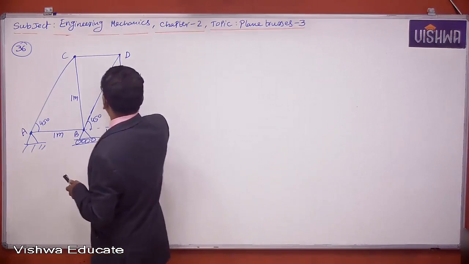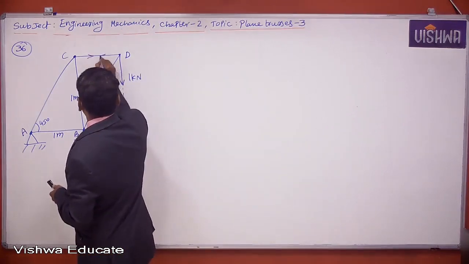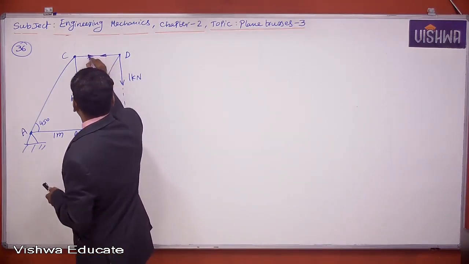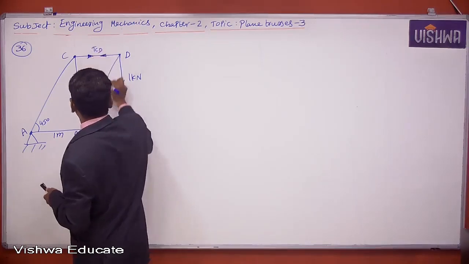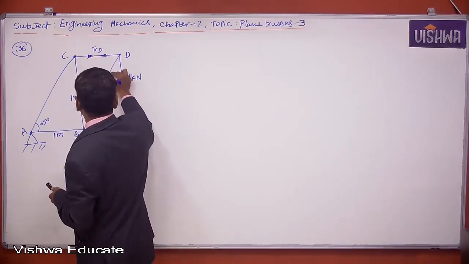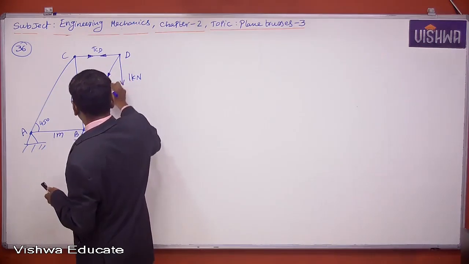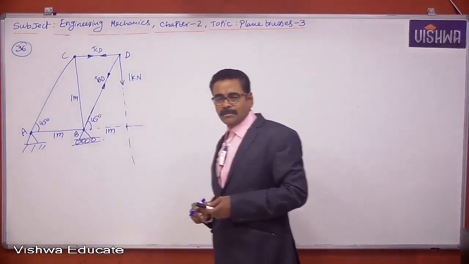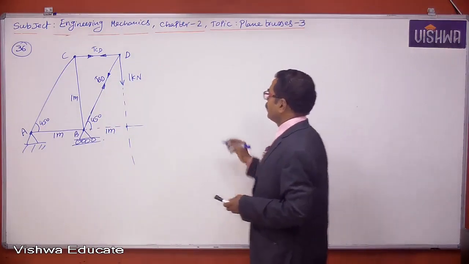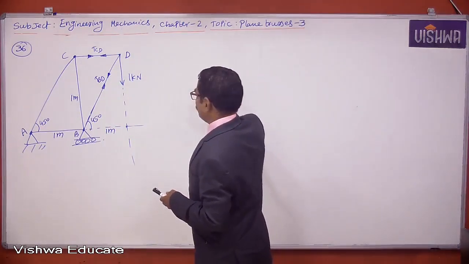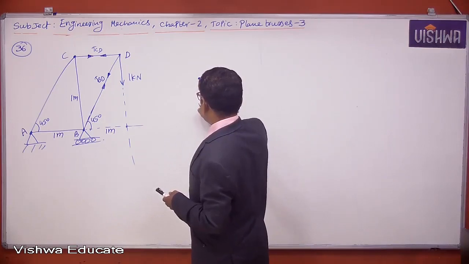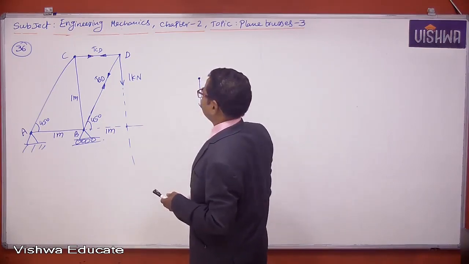I assume this member carries tensile force. I call this TCD. I assume this member also carries tensile force. I don't know whether they carry tension or compression; this is my assumption. At joint D, a downward load of 1 kilonewton is acting.